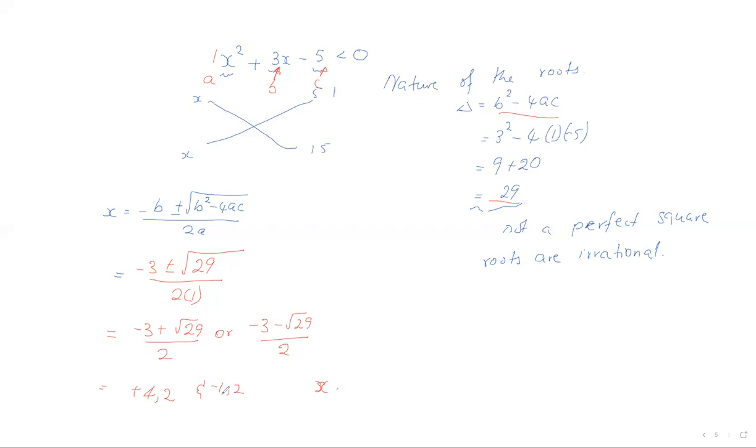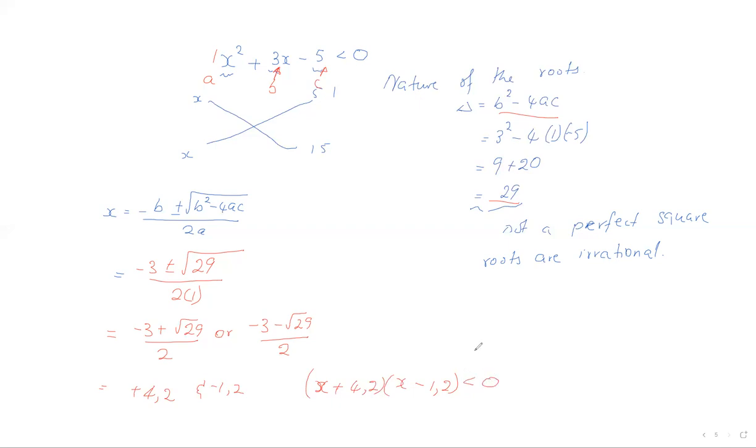This one is going to be a plus. So we have x plus 4.2 into x minus 1.2 is equal to 0 for this one here. But on the top one is going to be less than or equal to that. That will be less than 0 there.